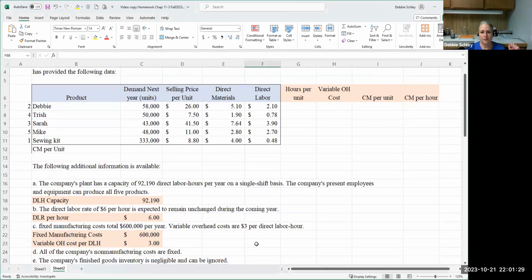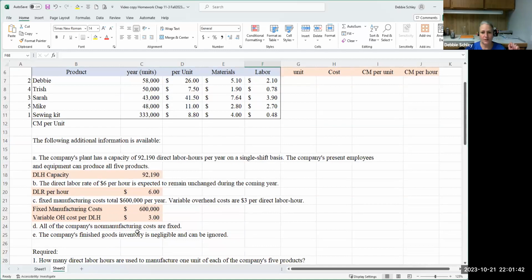Fixed manufacturing costs total $600,000, and variable overhead is at $3 per direct labor hour. All the company's non-manufacturing costs are fixed, and the company's finished goods inventory is negligible and can be ignored. So there's no beginning balance.